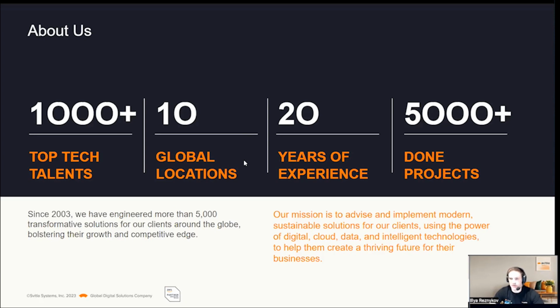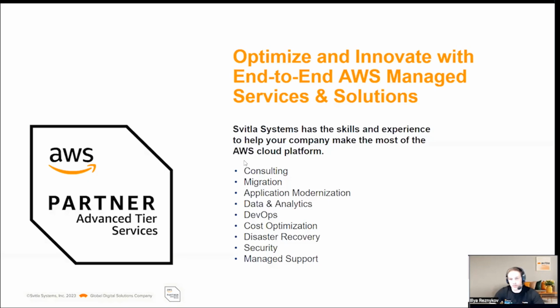Our mission is to advise and implement modern sustainable solutions for our clients using all modern technologies, including powerful cloud technologies. Also, we are a member of the AWS Partner Network, and we have the AWS Advanced Tier Service partner level.